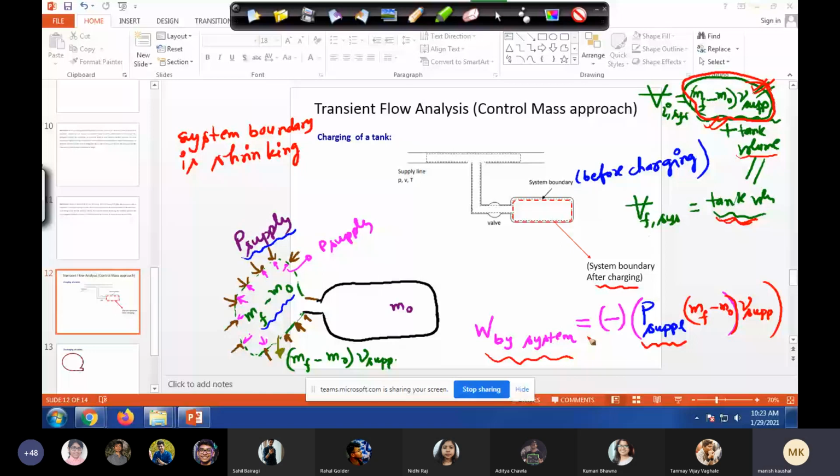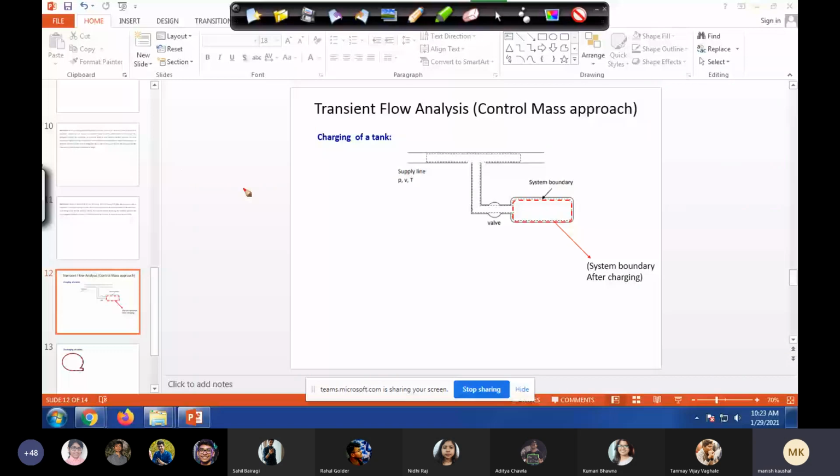Now, if we apply the first law with this picture, what is our first law? First law is nothing but change in energy. If you don't remember, this is nothing but delta E is Q minus W. So it is EF minus E naught equal to Q minus W by system, that you know.